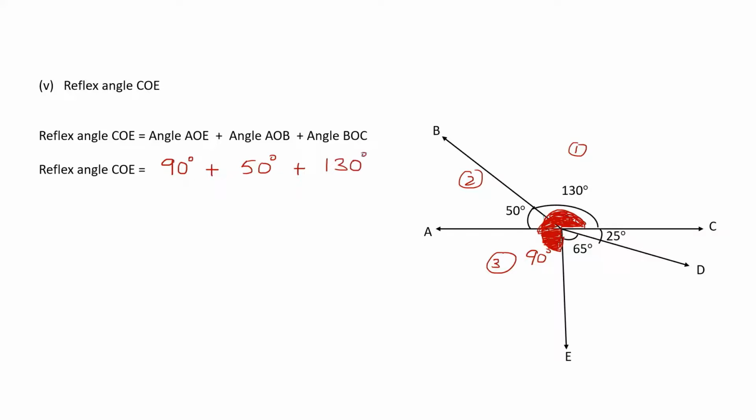So let's add that up. 90, 50, 130. 9 plus 5 is 14, 15, 16, 17. I carry 1. 1 plus 1 is 2. 270. So reflex angle COE is 270 degrees.